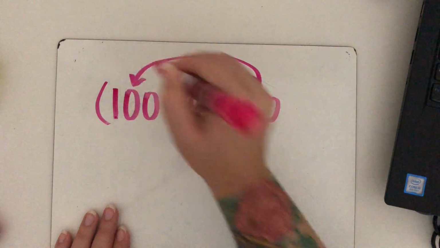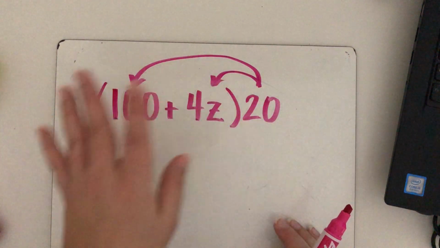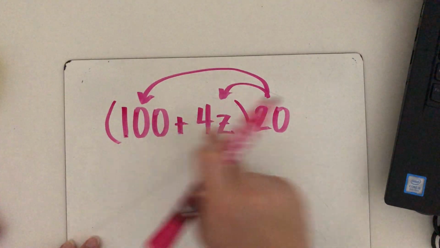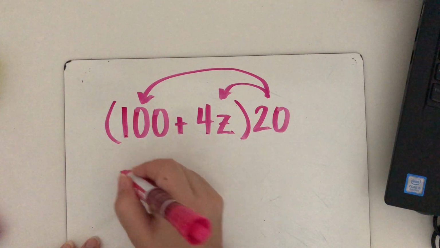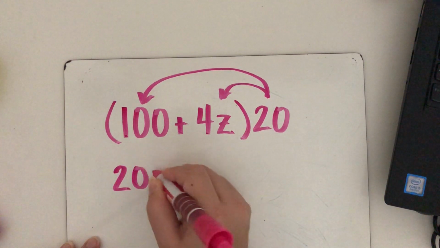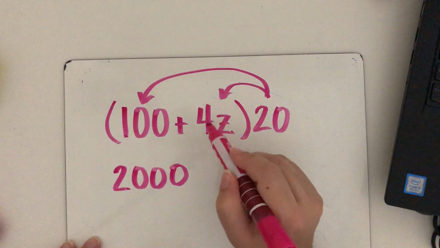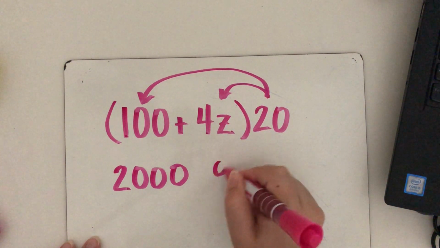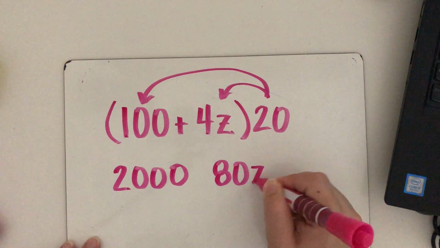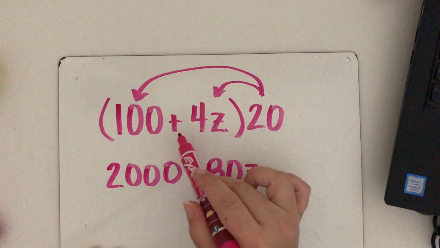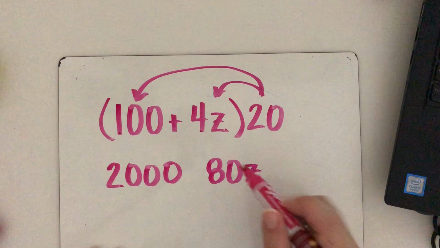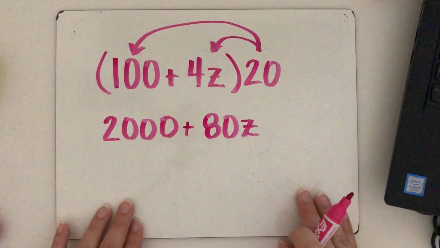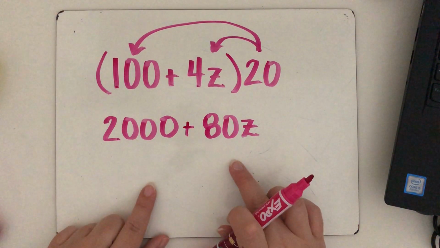I'm going to take that 20 and multiply it by every term inside the parentheses. 100 times 20 gives me 2,000. And 4z times 20 gives me 80z. This was a positive 4z and a positive 20, which means I still put a positive sign right in the middle.